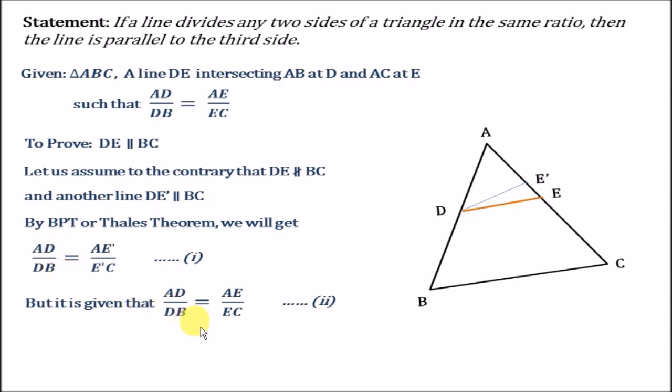So this means the right hand side should also be equal. So from equations 1 and 2, we get AE by EC from equation 2 equals AE dash by E dash C from equation 1. So AE by EC equals AE dash by E dash C.